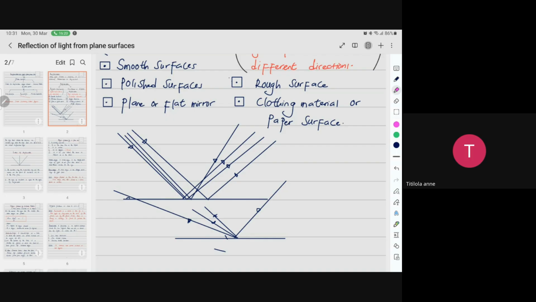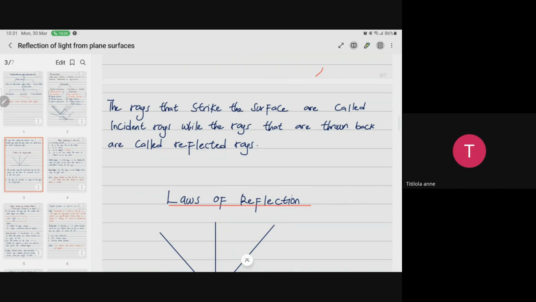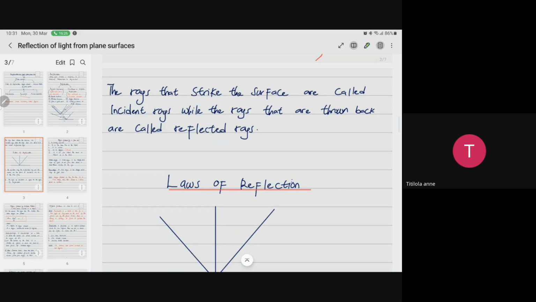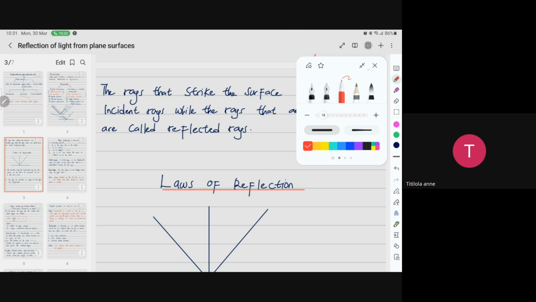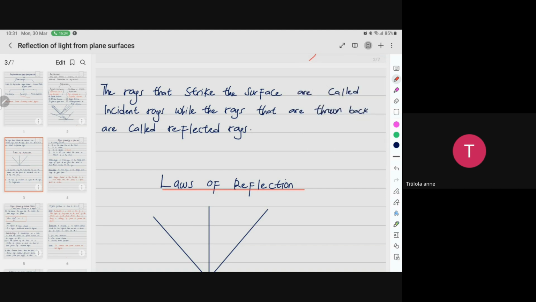I believe by now it must have sunk into your head, and that the Lord will help you to remember it. Now, the rays that strike the surface are called your incident ray. Is that okay? So the one that strikes is called your what? Incident ray. You know these things already, isn't it? And the one that is going off is your reflected ray.